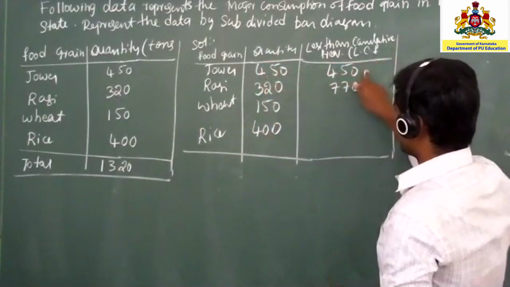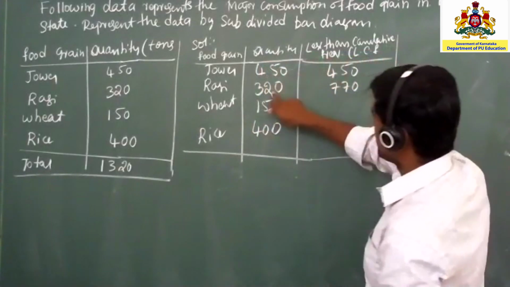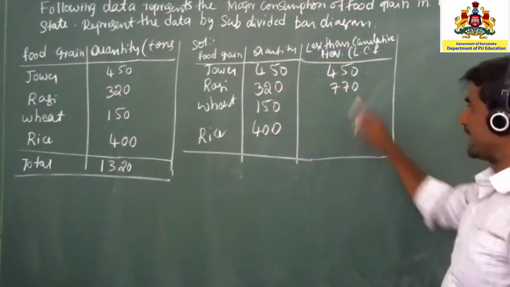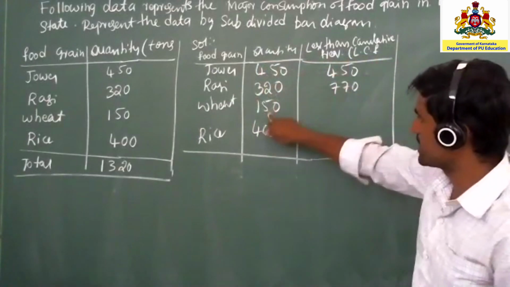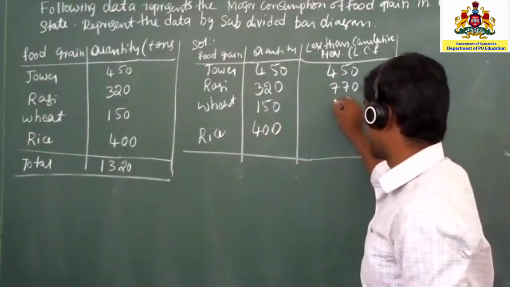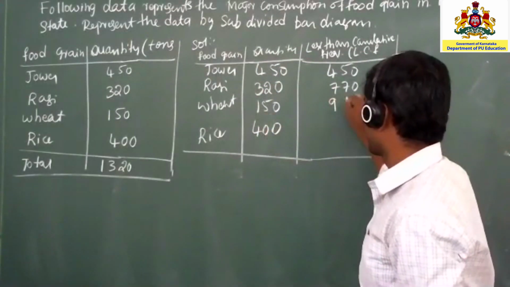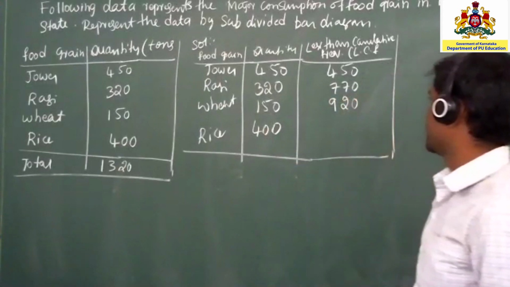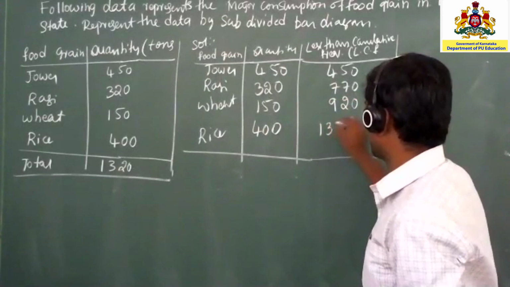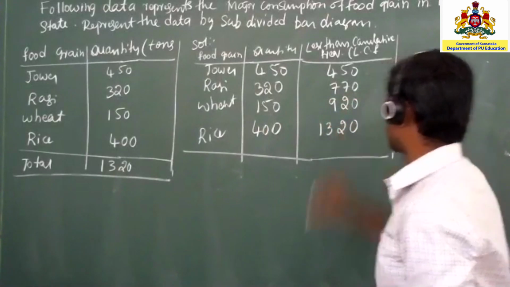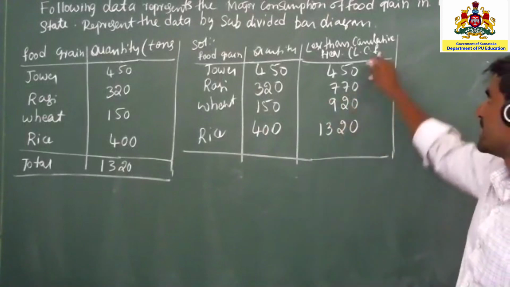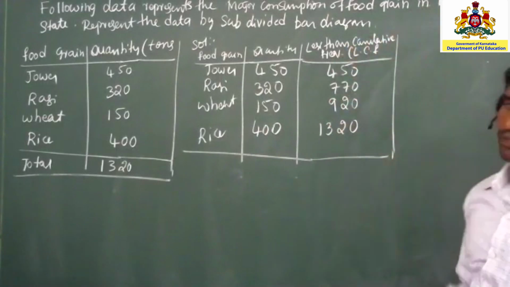The first value, write as it is. This value plus this value: 450 plus 320, that is 770. Now 770 plus 150, that is 920. 920 plus 400, that is 1320. So this is the way of calculating the LCF values or less than cumulative frequencies.